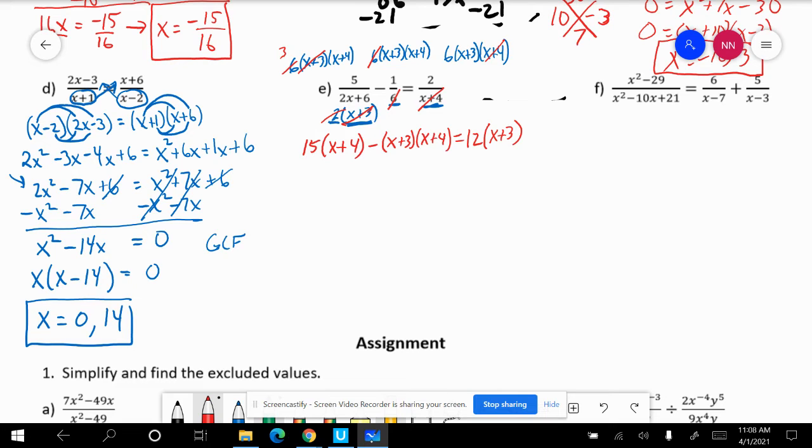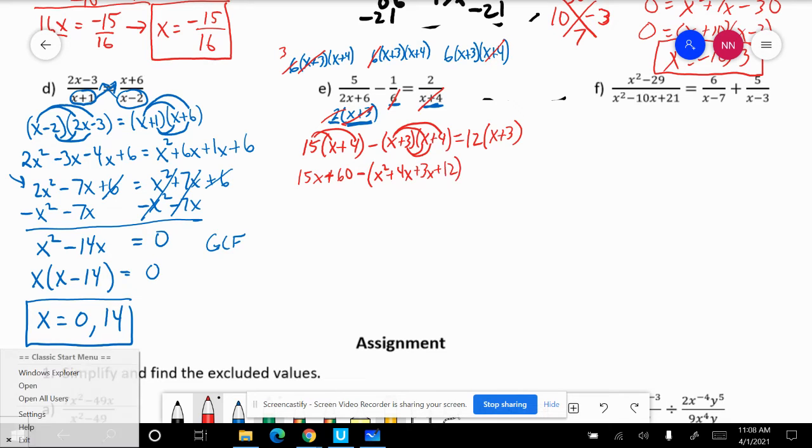I'm going to distribute the 15 to each of the terms. I'm going to FOIL, and I get x squared plus 4x plus 3x plus 12.